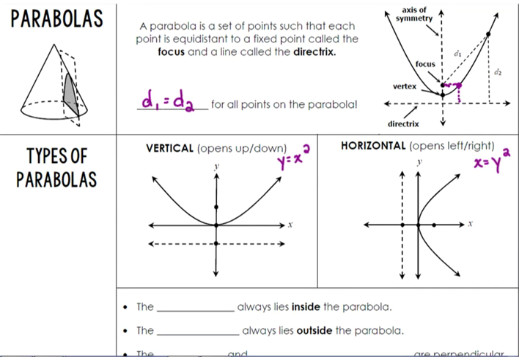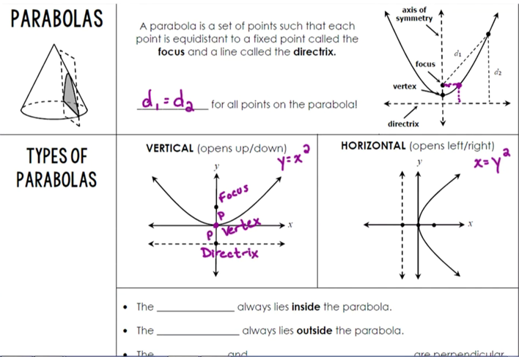All right, so just like we've been doing with all of our other functions, we're going to talk about the distance from the focus to the vertex. We don't talk about this having a center. It has a vertex like we're used to. You always talked about a parabola having a vertex. The distance from the vertex to the focus is a distance of p, and this is the directrix.